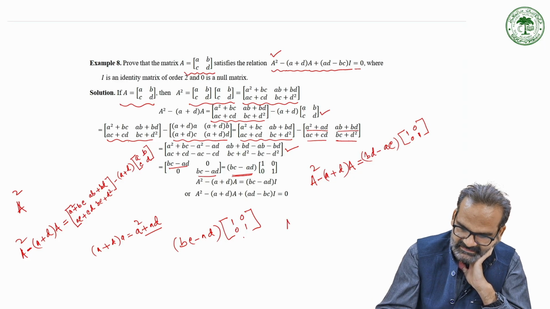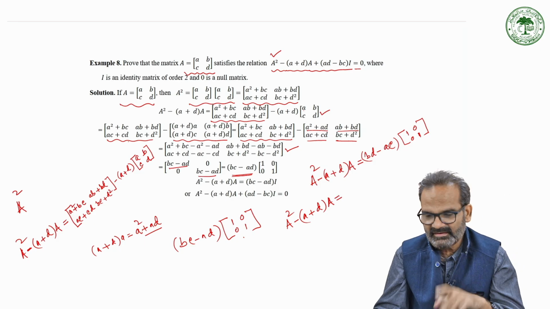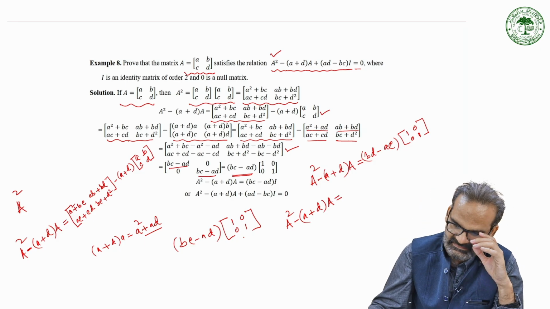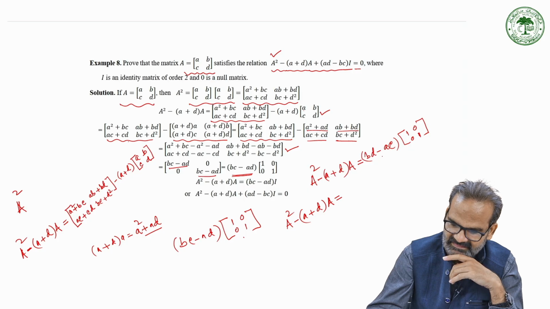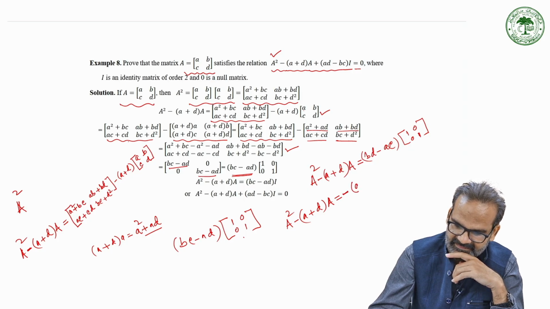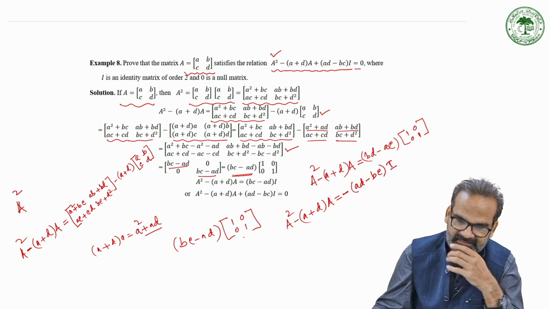So see this, A square minus (A plus D) of A is equal to what we want to prove, AD minus BC. Here we are having BC minus AD. So if we take minus common, this can be written as minus (AD minus BC), and this is your identity matrix.